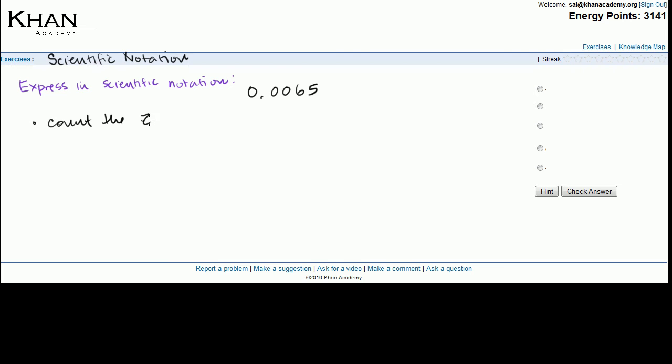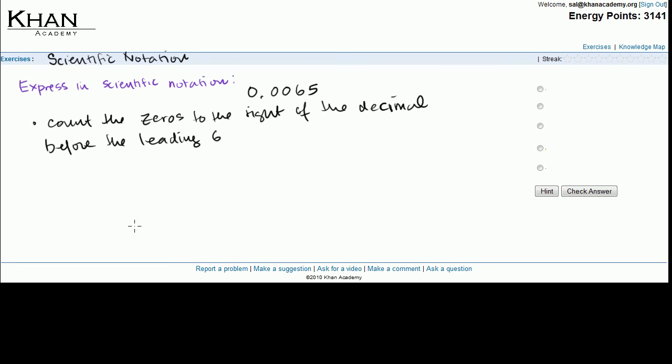And so we could say the first hint is, count the zeros to the right of the decimal before the leading 6. So we could say we have 2 zeros.